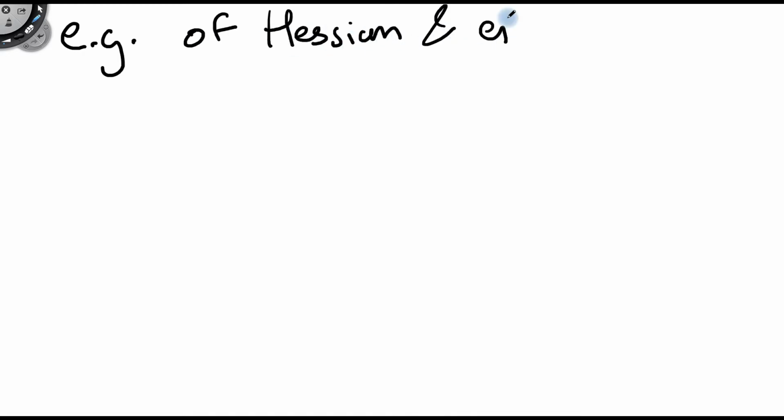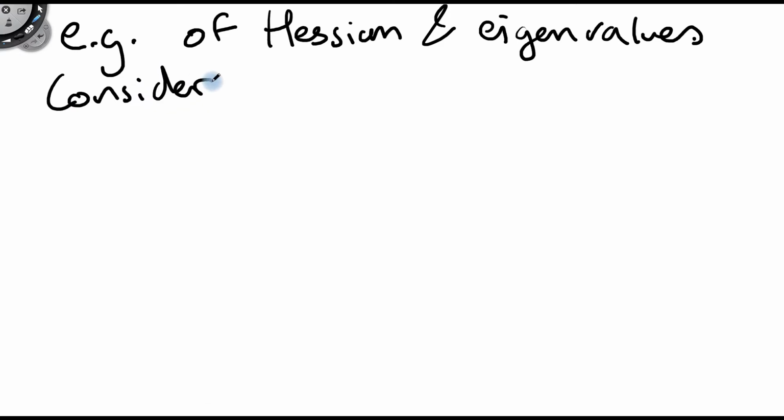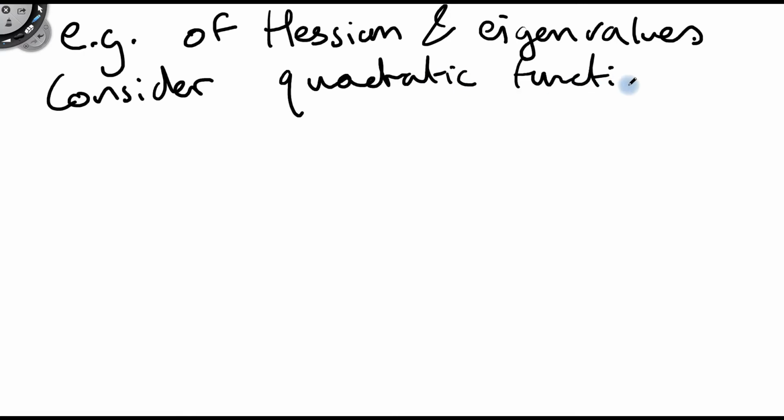So we can do an example of the Hessian and eigenvalues. We consider a quadratic function. Now I'm just going to reintroduce the notation I've used before.